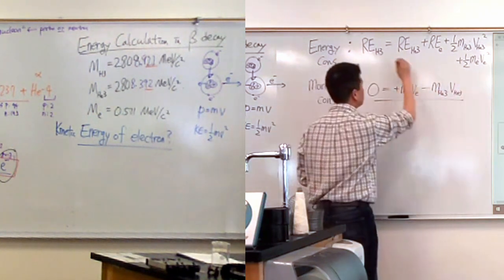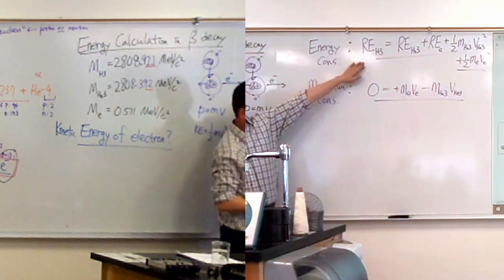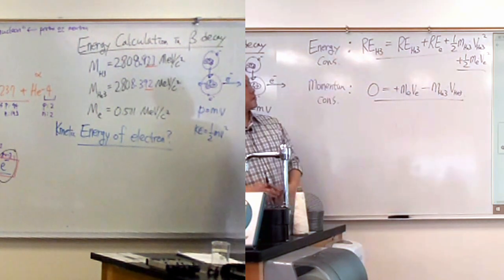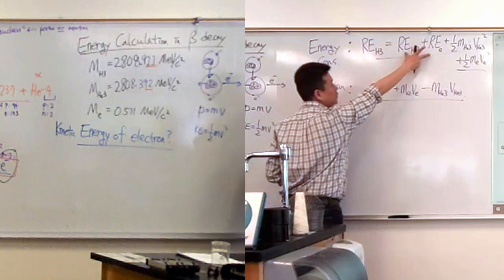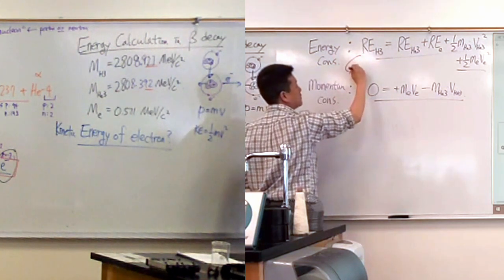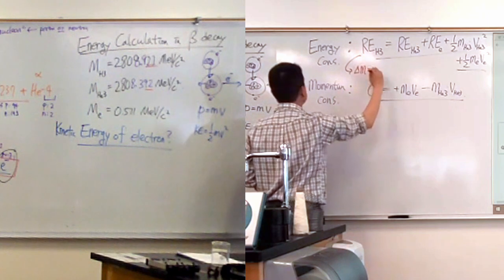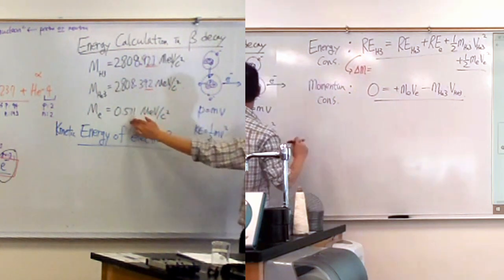All right, so I have these two equations. And the rest energies, I can combine them. When I combine these all into one term, what I get is just the difference in the masses, which would be this minus this minus this.